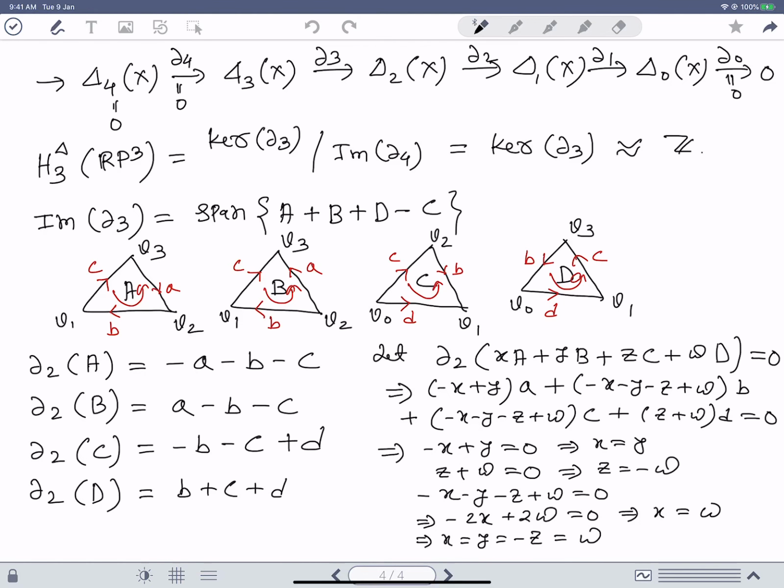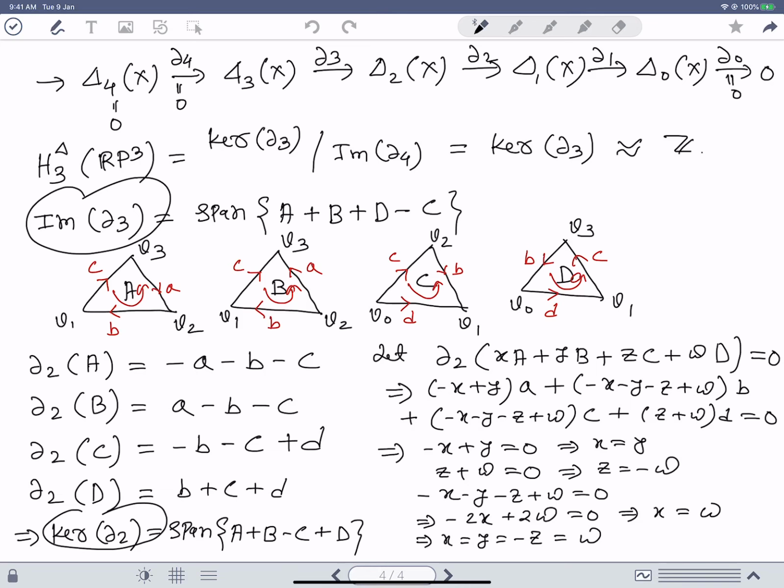So that implies the kernel of delta 2 is the span of, say, A plus B minus C plus D. Now look, the kernel of delta 2 is the same as the image of delta 3.